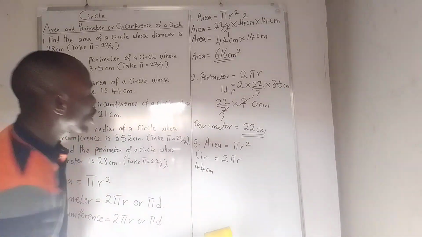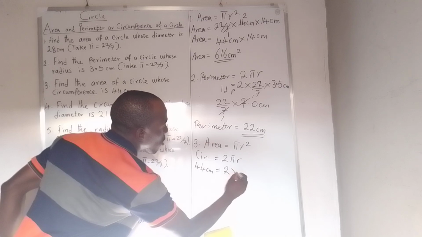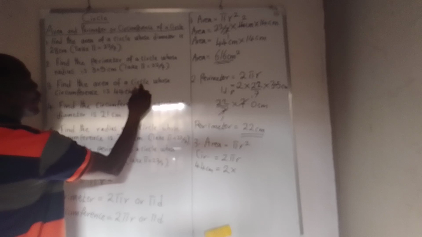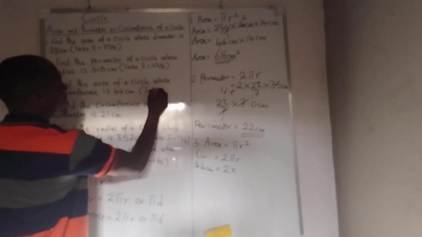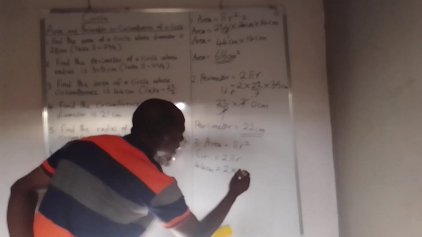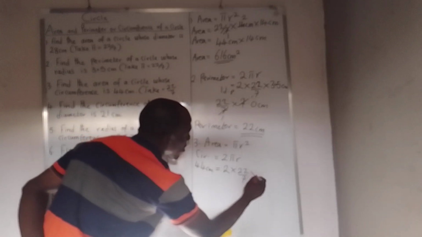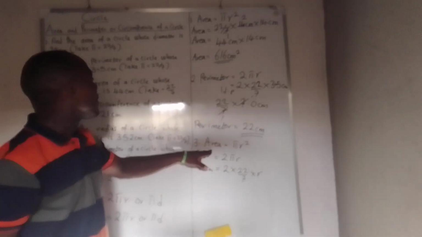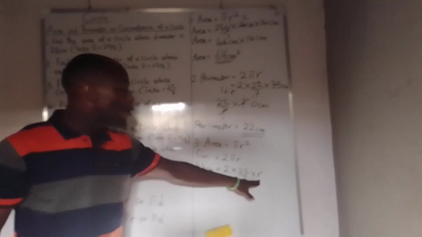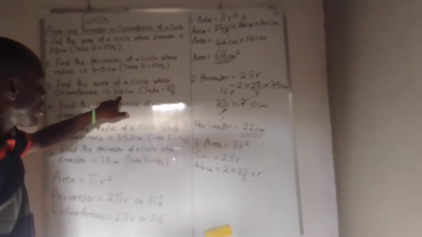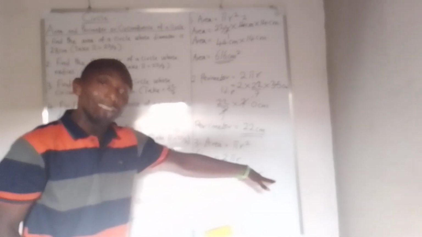44 centimeter is equal to 2 multiplied by pi, which is 22 over 7. Though they didn't write it, I forgot to write it: take pi equals 22 over 7. So our pi is 22 over 7 multiplied by r, which is not given. Before we find the area of the circle, we have to find the radius. How do we do that? We use the formula for circumference of a circle to find the radius.